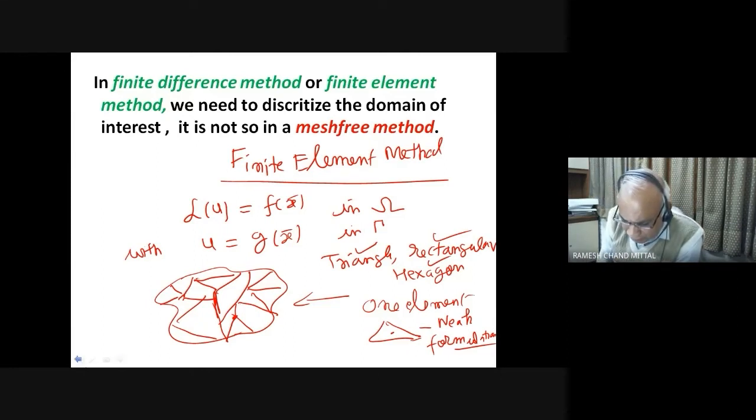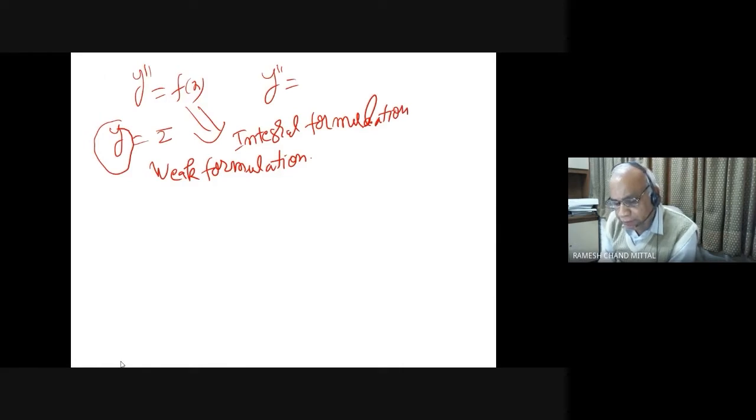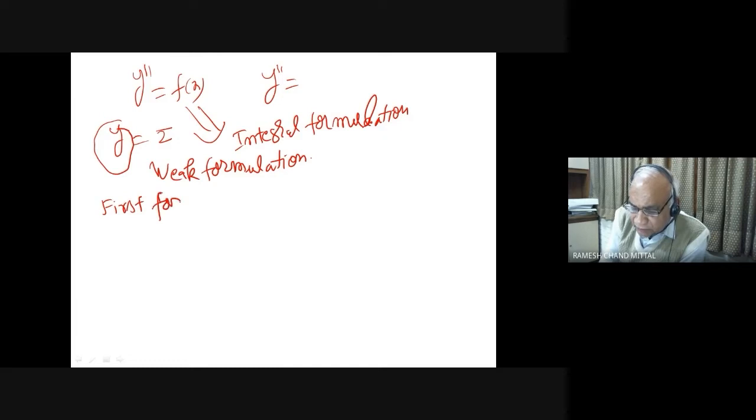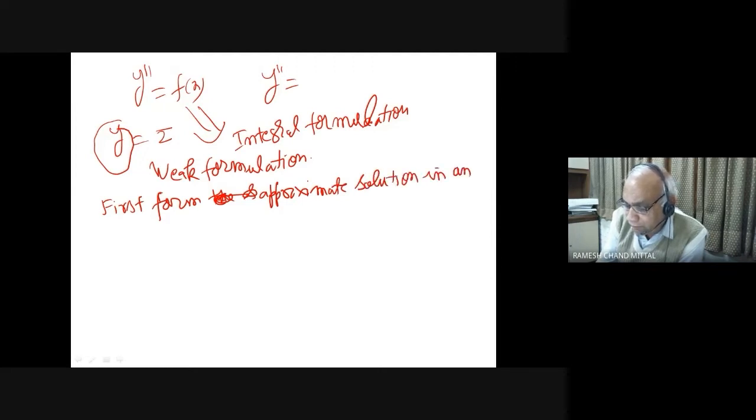So taking typically the weak formulation, you find the solution in one element. So you first form the approximate solution in an element typically.